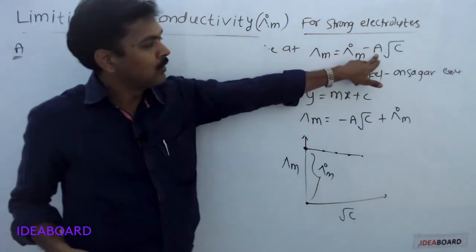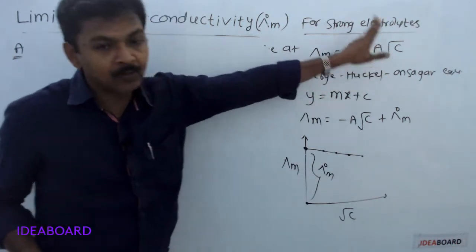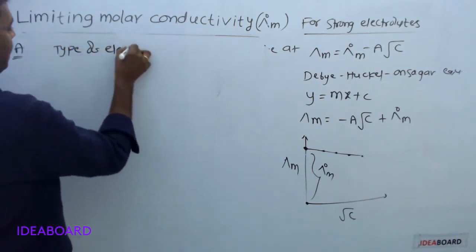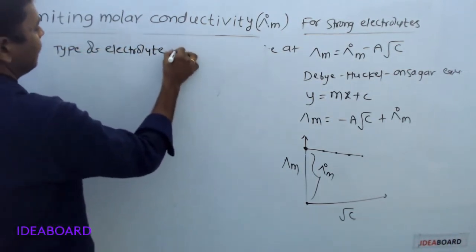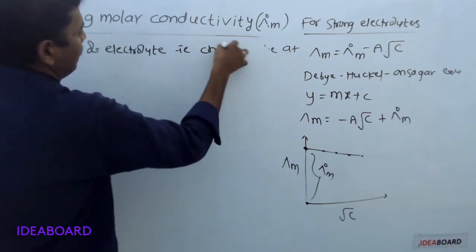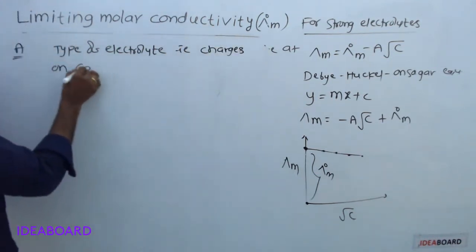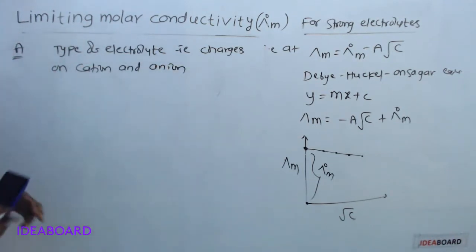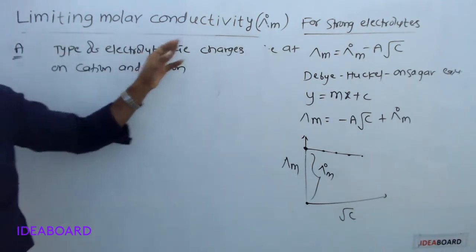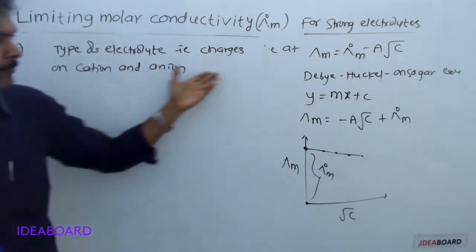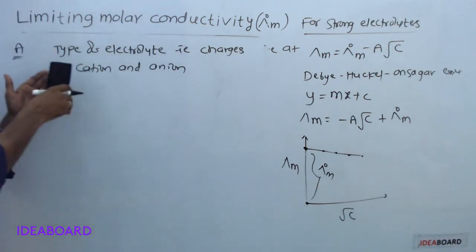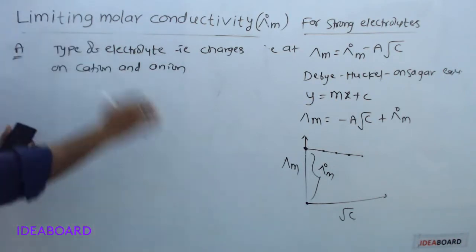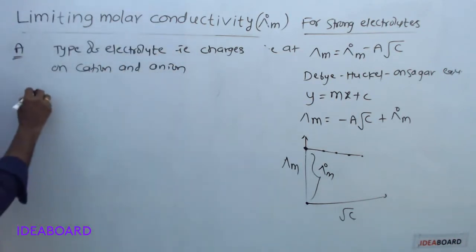At a given temperature and for a given solvent, this A value depends on the type of electrolyte, that is, the charges on the cation and anion of the electrolyte on dissociation when dissolved in solvent.